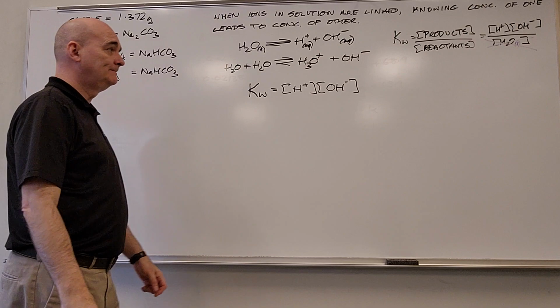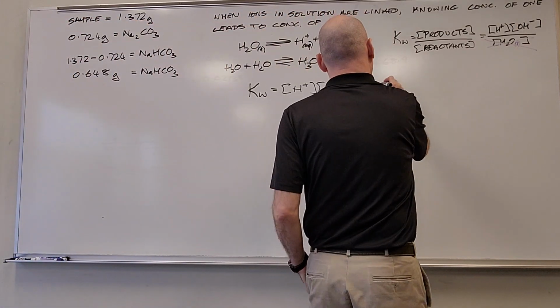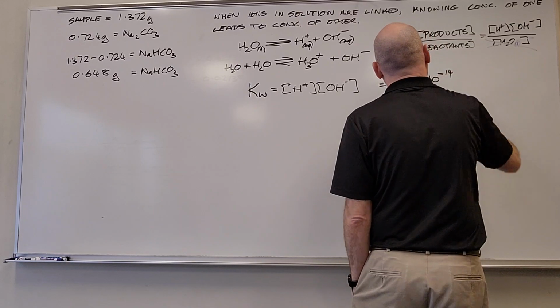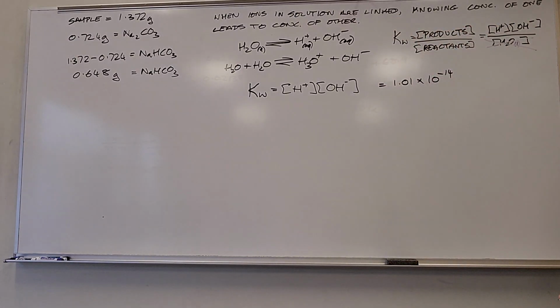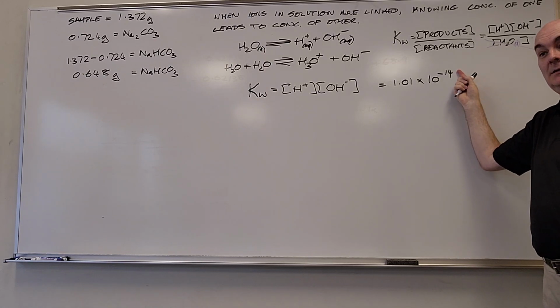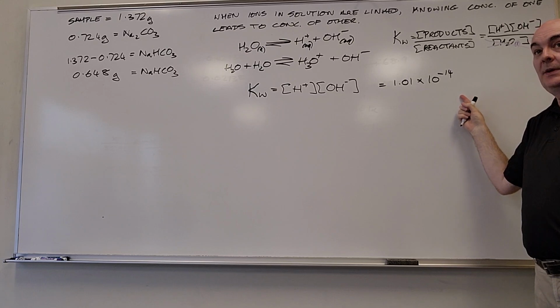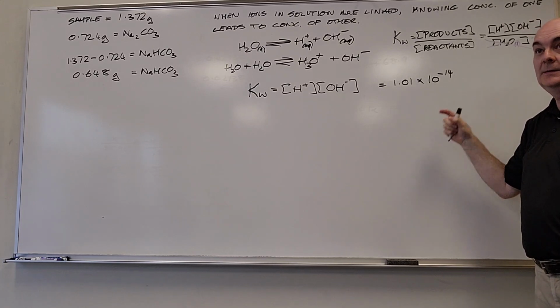And what was that number? 1 times 10 to the negative 14. It's the pH scale. The pH scale runs from 0 to 14, because we can take the negative log of this number and it will give us 14.